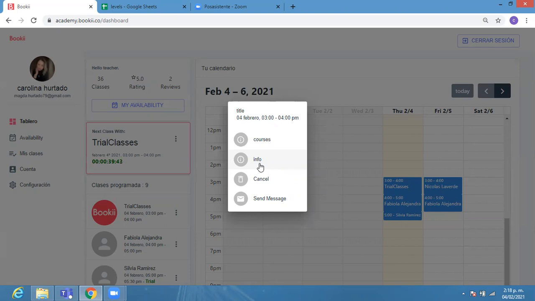So everything they have done well, but also what they have to be a little bit more demanding with themselves and need to work harder, it's typed here. So every teacher knows what the next step is for our student.